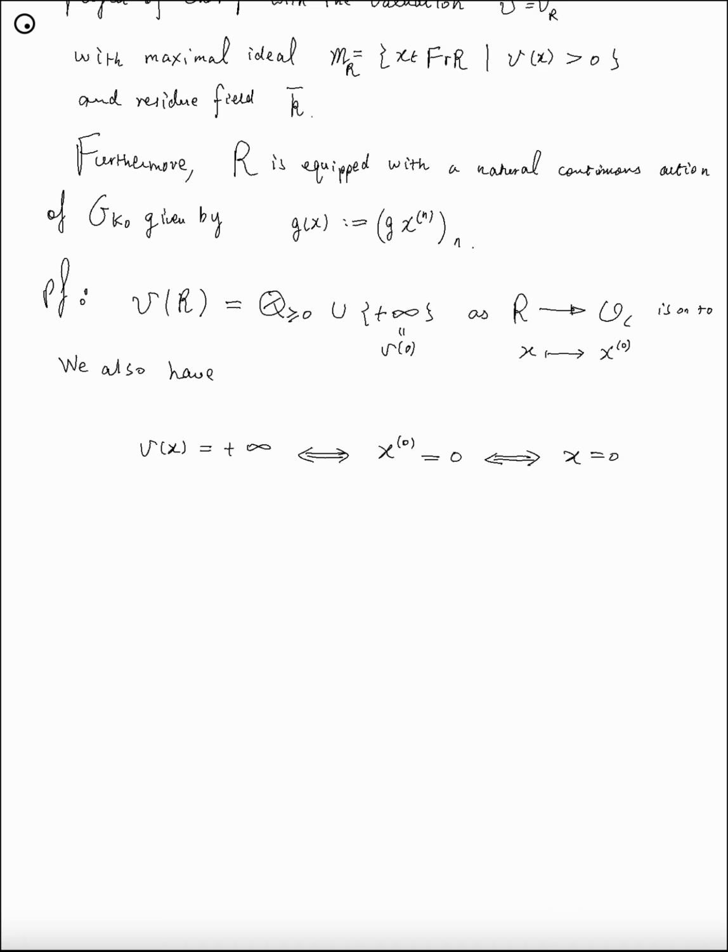This is by definition, as it is the extension of the p-adic valuation over X0 being plus infinity, and so X0 is 0. Then we will check this V is really a non-Archimedean valuation.